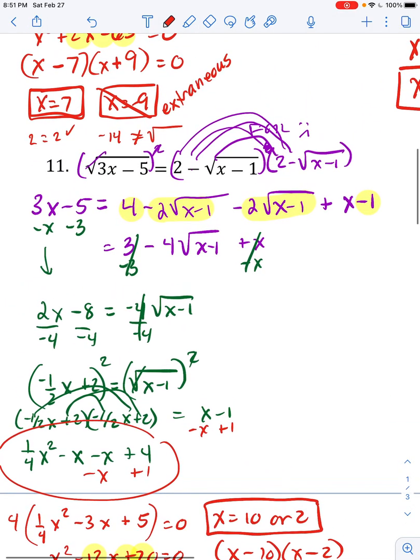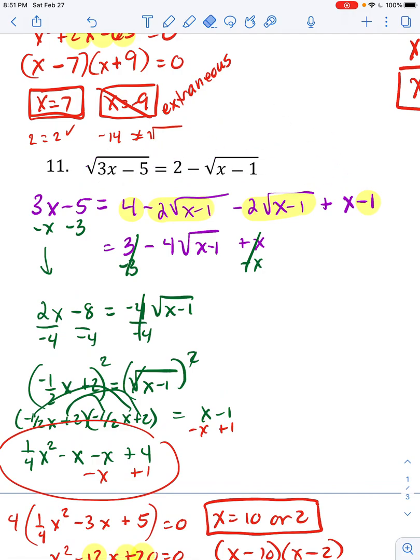I 100% need to go back up here and look at my original problem and ask myself, what's going to happen if I plug in a 2? So on the left, 3 times 2 is going to be 6 minus 5. It's going to give me a 1. Square root of that will be 1.